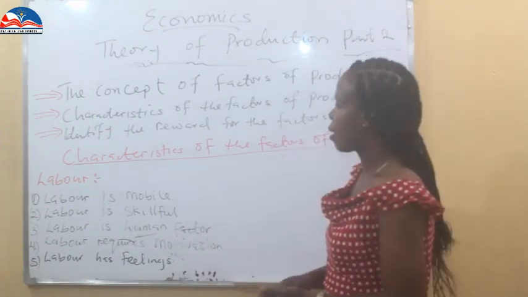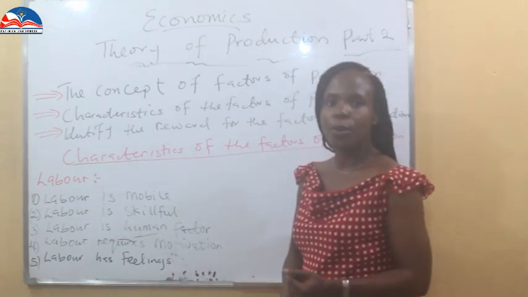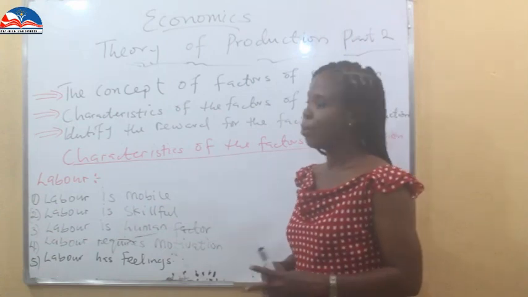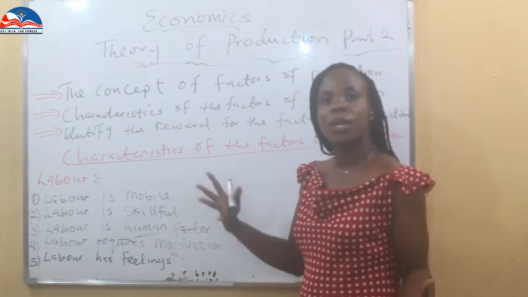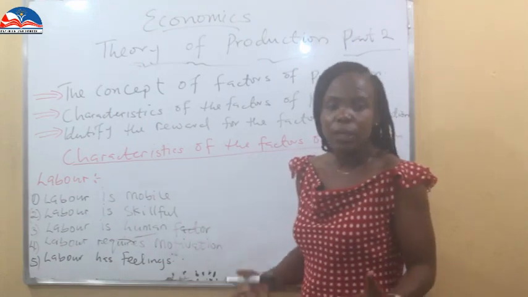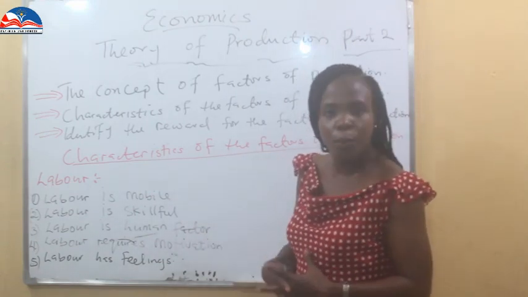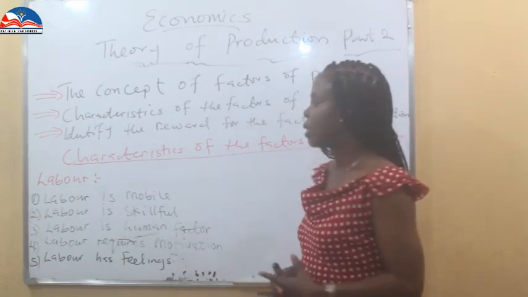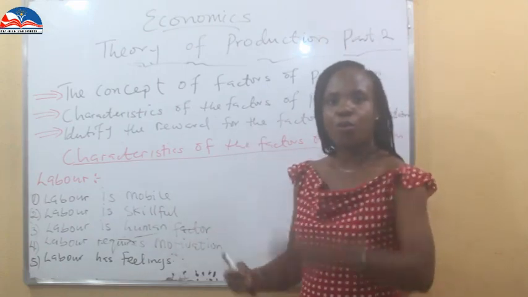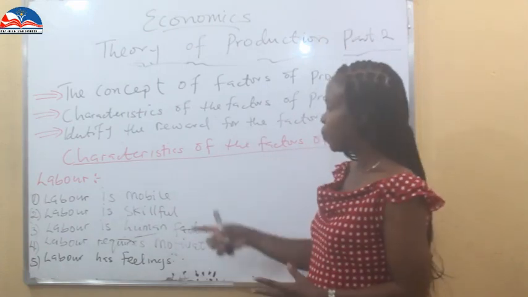And we have the characteristics of labor. One, labor is mobile. It moves from place to place because it is human. You cannot fix a human in a place, not possible. It has to be a movable object. So humans move. Labor moves.